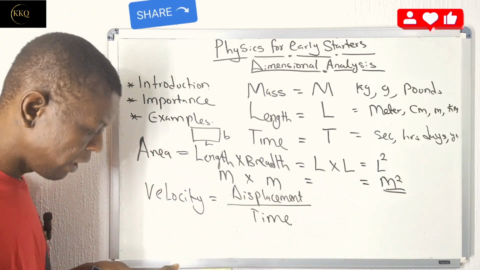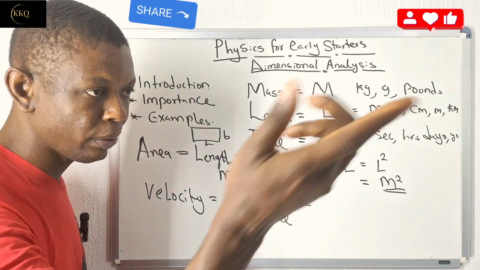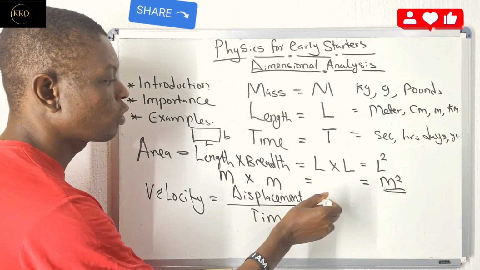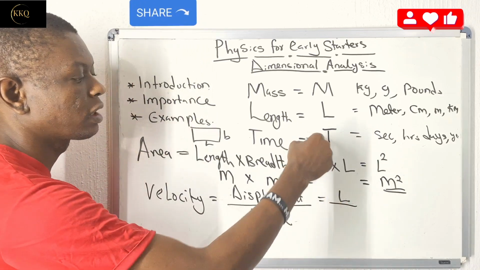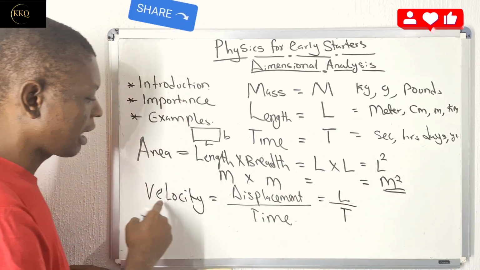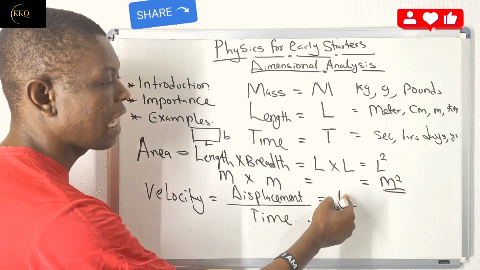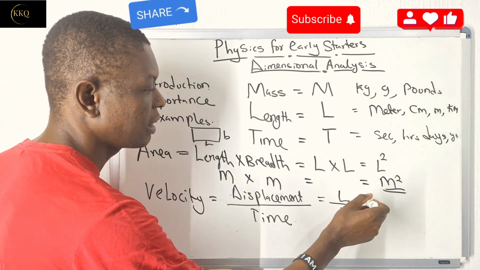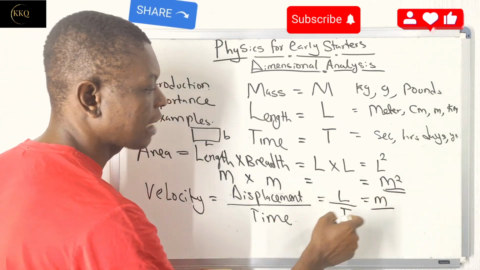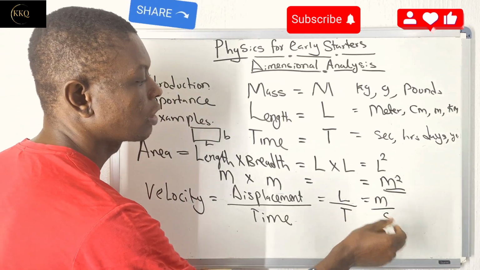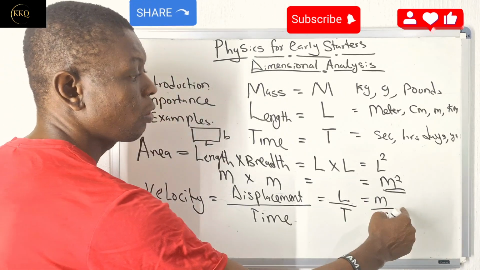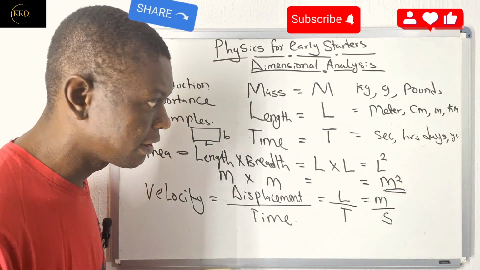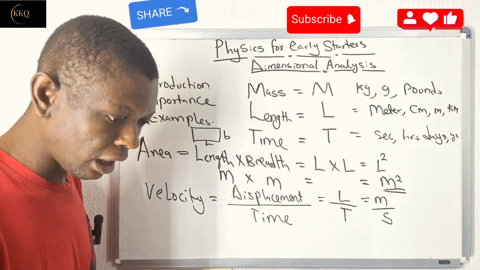Displacement simply means distance covered in a straight line. So this also has to do with L. Now, what is time? Time is T. So it simply means that velocity is the same thing as L over T. And L stands for meter, which is M, and T stands for time, which is seconds. So that is why the SI unit of this is meter per second. It can also have other higher units. So this is just an introductory class.